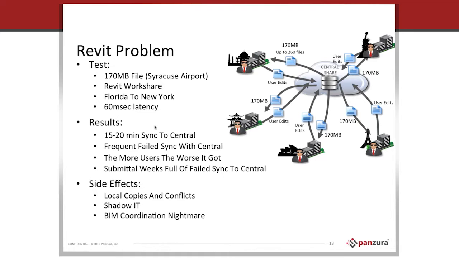When it takes that long to do a sync with central, Revit starts to report failures and says either the model's corrupt or it's unable to save the file. Even though the model isn't really corrupt, it's just that it's taking so long, Revit gives up. And so the effect is that you end up with a terrible user experience when you're trying to use Revit across a wide area network.